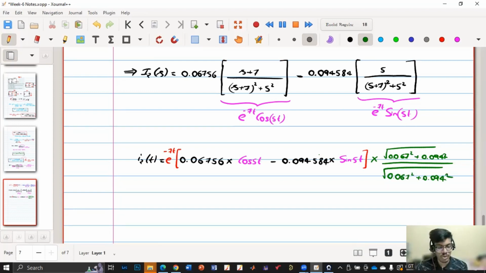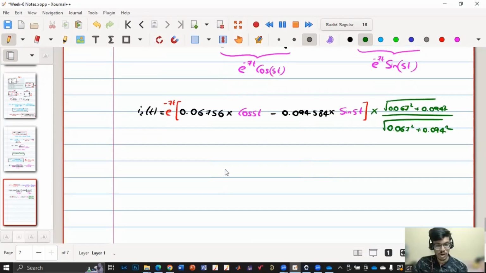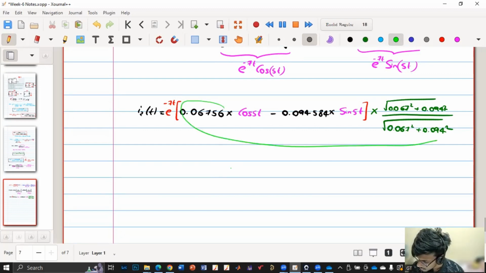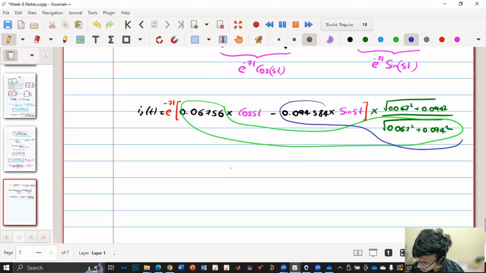Understood what I am trying to do here? So we are basically multiplying by square root of this term and dividing by the same term so that the value remains unchanged. So now we will consider this term. This term I'll write as cos theta. This term I'll write as sin theta.